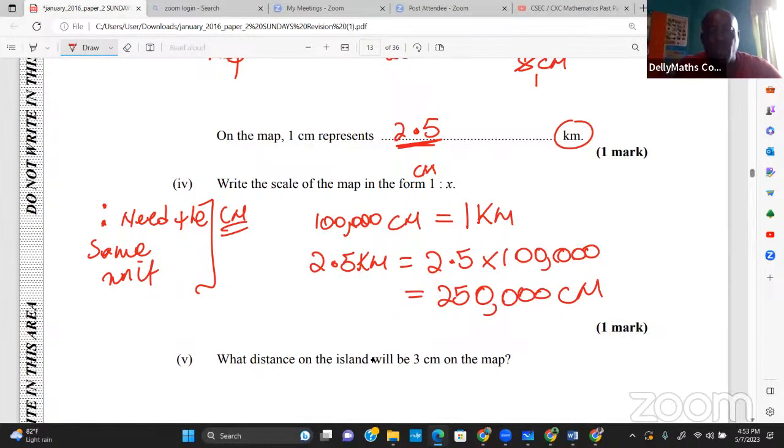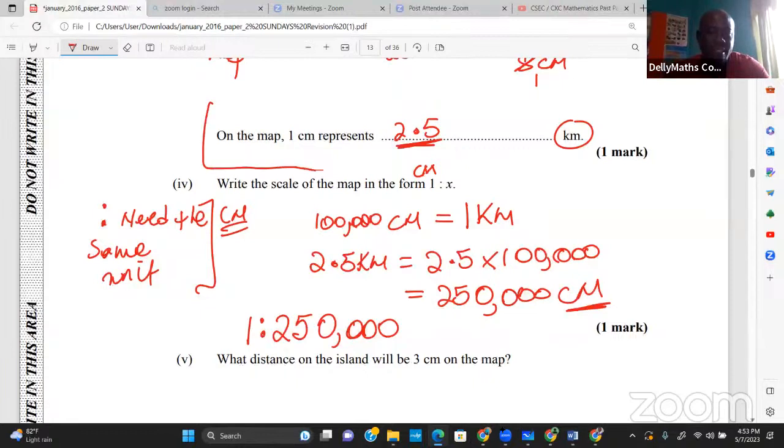So now we are in the same unit, so we could write it with a colon between it. 1 to 250,000. And you don't have to write back the unit this time because we already agreed. The moment you're using a colon for ratio, you must be of the same unit. So it's 1 to 250,000. They actually led you to the idea.